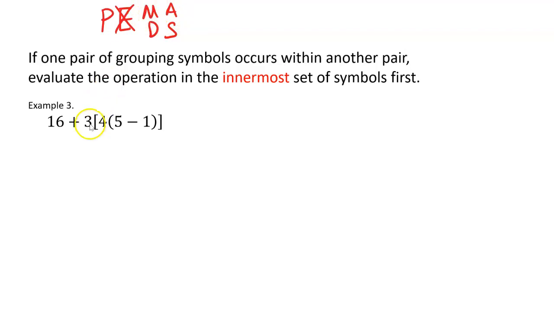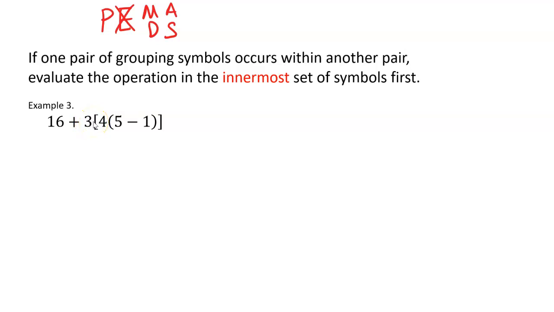Now, between 3 and the brackets, remember we sometimes use parentheses to separate numbers, and this actually means multiplication between them. You can go back to look at the previous video for more explanation. So in this case, although there's nothing written here, we need to remember it's multiplication.